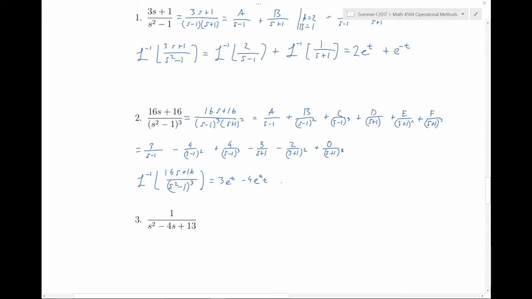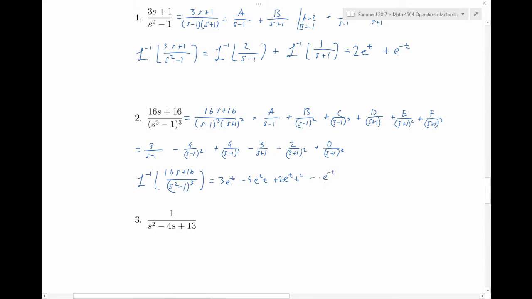The next one is also going to have e to the t in it because we have a shift s minus 1 in the bottom. 4 over s cubed has an inverse Laplace transform 2t squared. So therefore this is going to be 2e to the t times t squared. Now with the s plus 1, everything's going to be multiplied by e to the minus t.